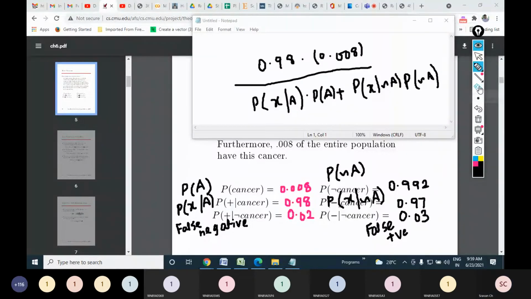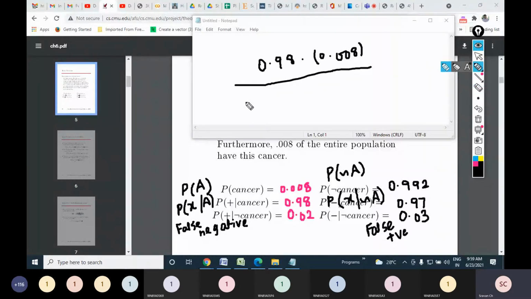Divided by the same 0.98 into 0.008 plus, right, P of x bar not A. What is the value for P of x bar not A? 0.97 into 0.992.